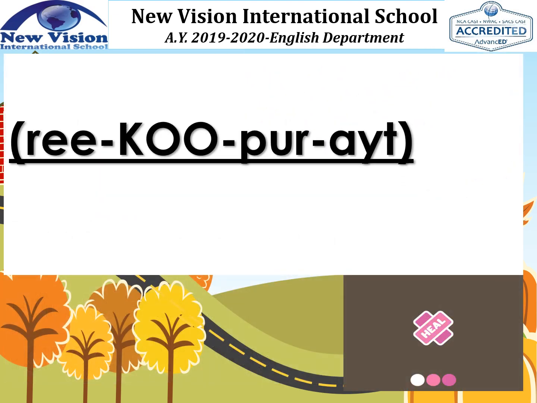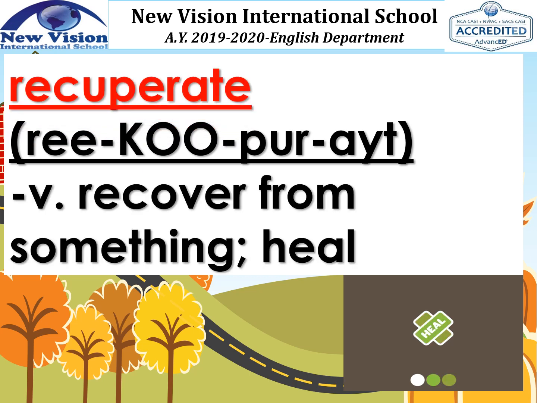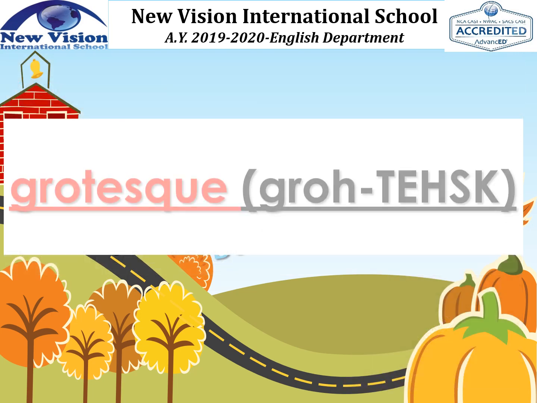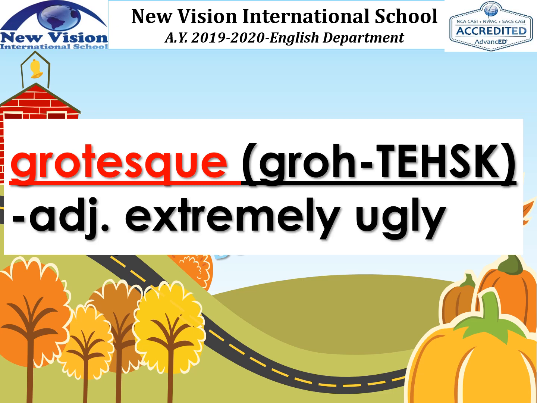Say recuperate. Recuperate is a verb which means to recover from something or to heal. Great, that's recuperate. Next, say grotesque. Grotesque is an adjective we use to describe something that is extremely or very ugly.